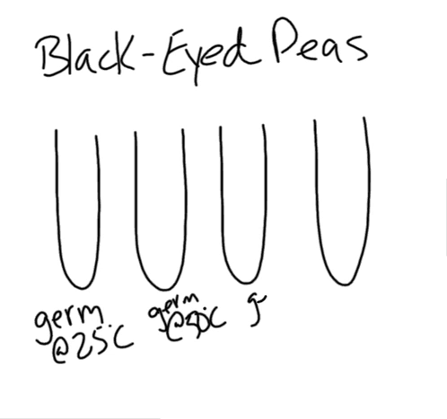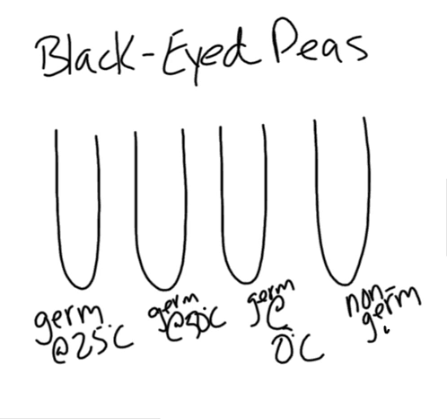And then I'm also going to have some germinating peas at 0 degrees Celsius. And lastly, I'm going to have some non-germinating peas, and those will be at room temp, about 25 degrees Celsius.